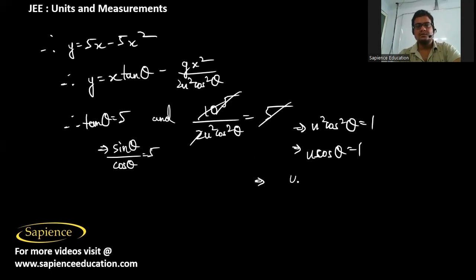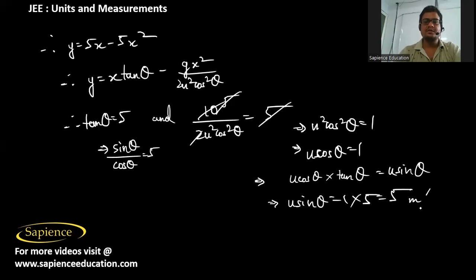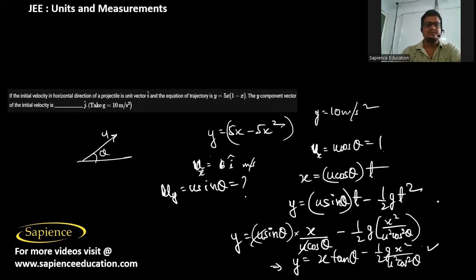Therefore u cos theta into tan theta is equal to u sin theta, so u sin theta is equal to 1 into 5, that is 5 meter per second. So the y component vector of the initial velocity is 5 j cap.